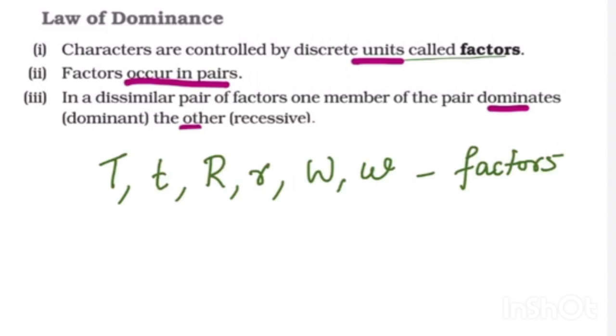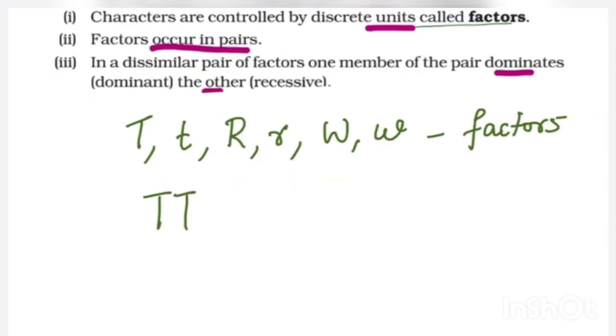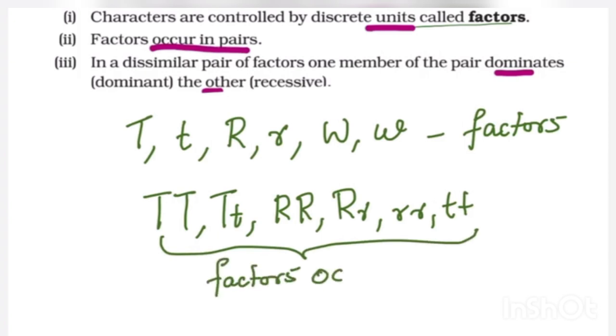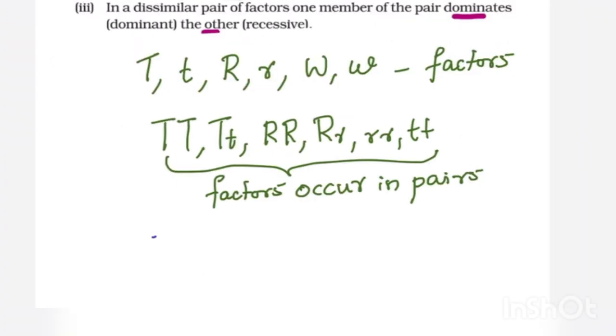Second point, factors occur in pairs. We have already seen capital T capital T or capital T small t, capital R capital R or capital R small r. Like that we wrote them while representing hybridization.